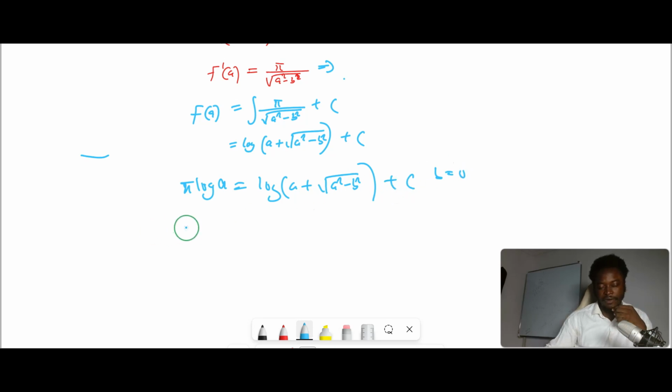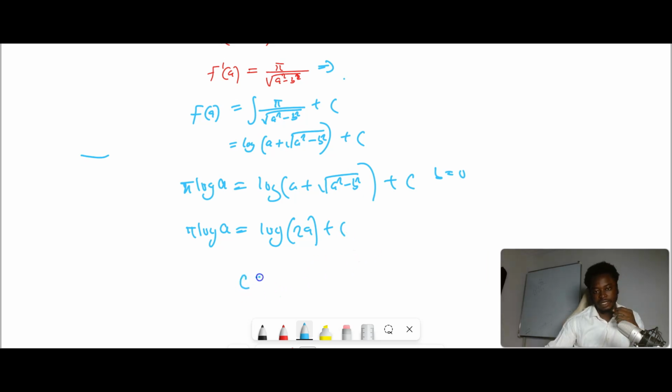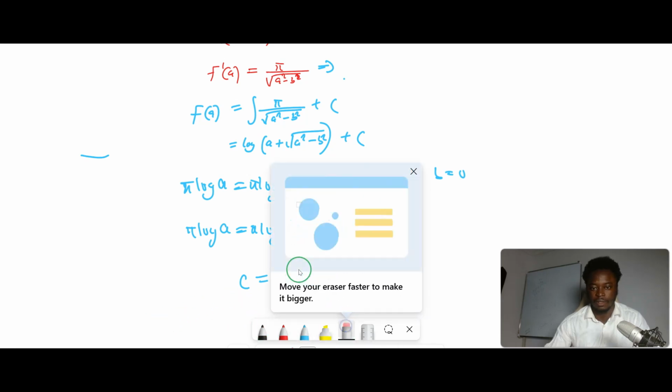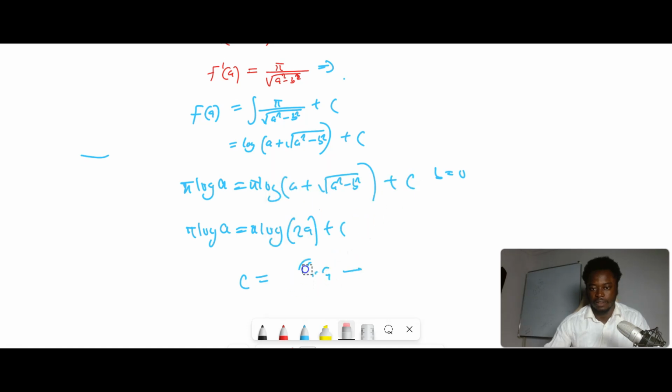That means you would have pi log a equal to pi times the logarithm of 2a plus c, which means c would be pi times the quantity log a minus the logarithm of 2a.